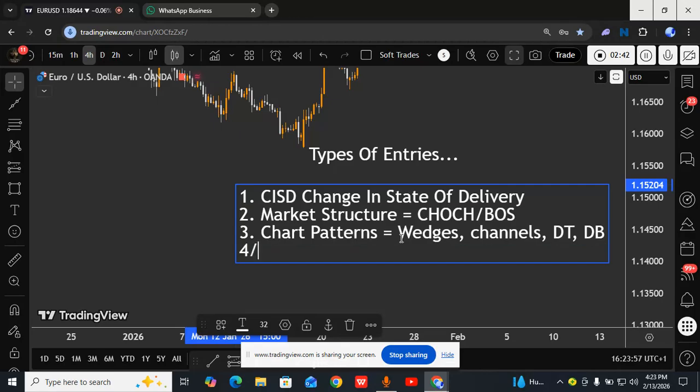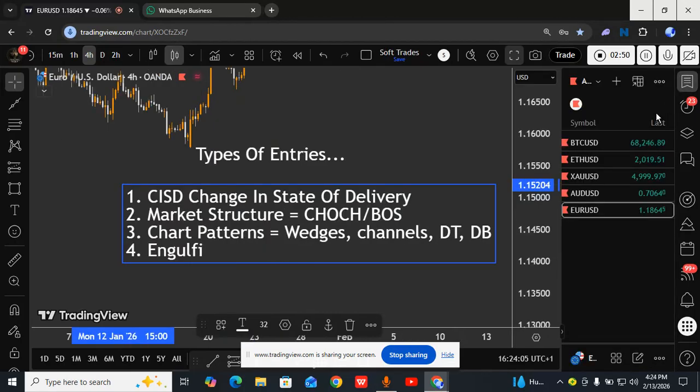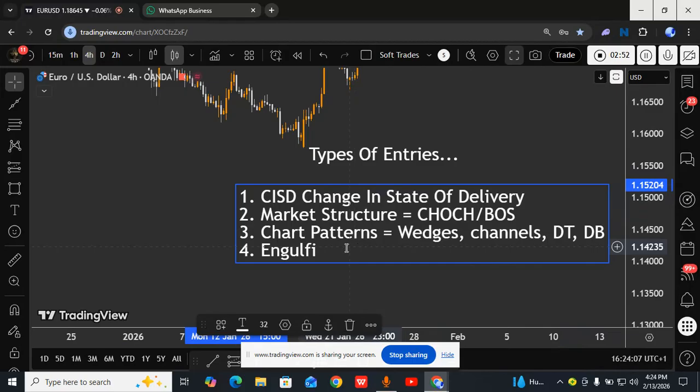Now, the fourth one is an engulfing candle. CISD is a little bit similar to an engulfing candle, but there's a difference. So maybe when I talk about engulfing, I'll tell you guys the difference between both of them.